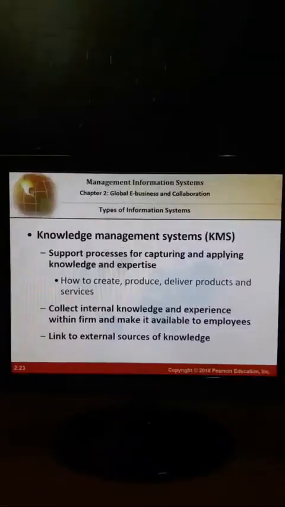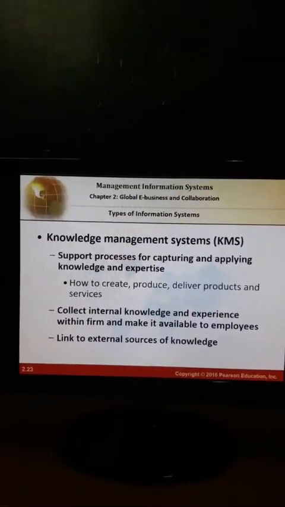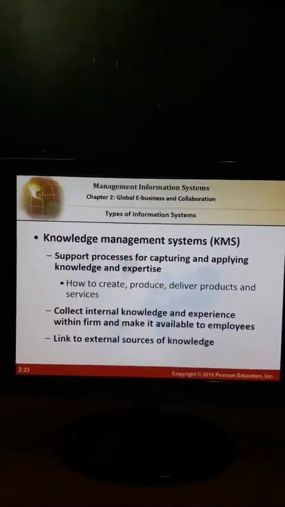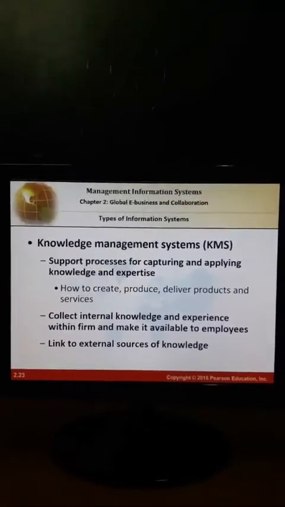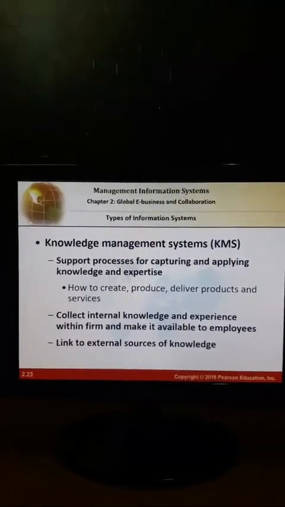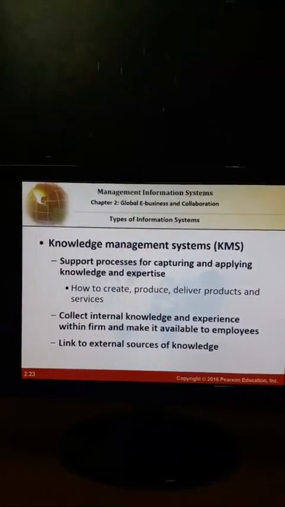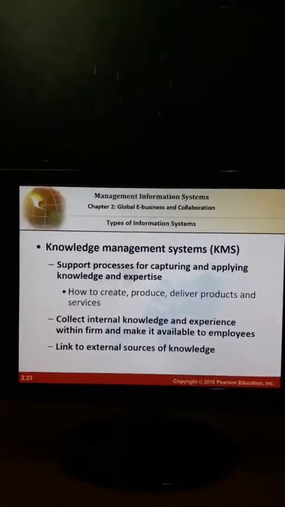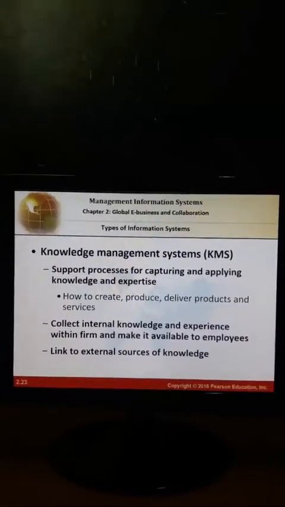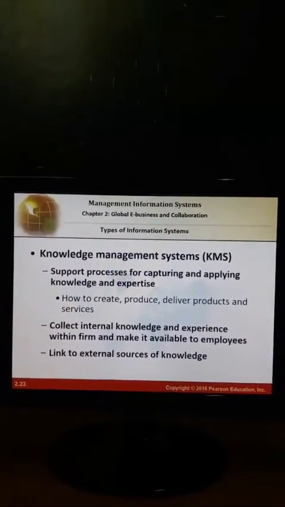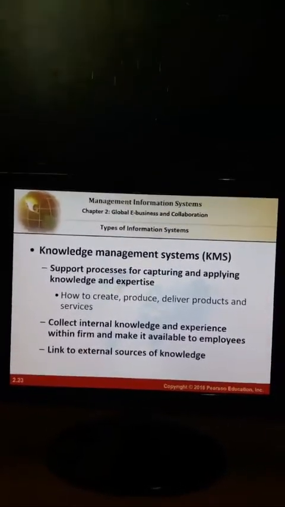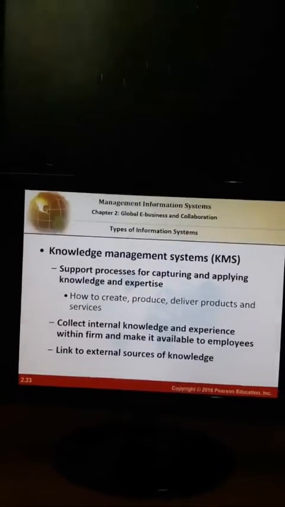Knowledge management systems are actually governed by the R&D of the organization, that is research and development. Nowadays most of the organizations are maintaining an R&D, research and development department. Their duty is to generate new ideas, new products. So if your knowledge management systems are engaged in research work, they can bring new ideas, new products, new services.